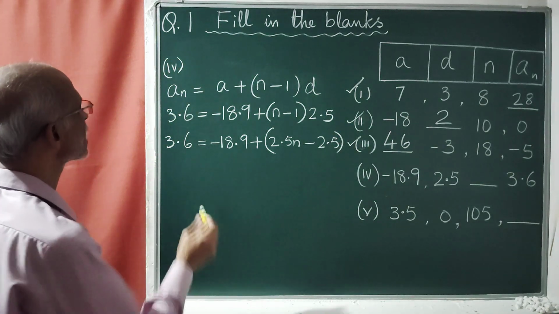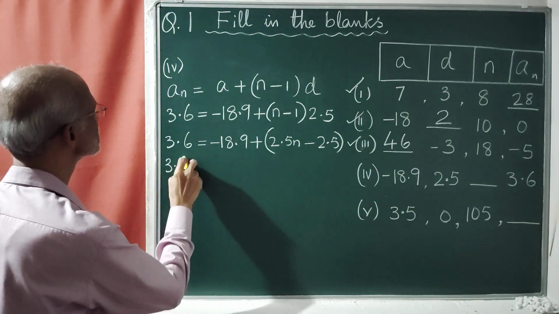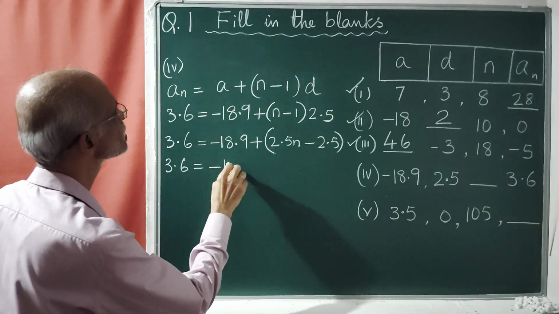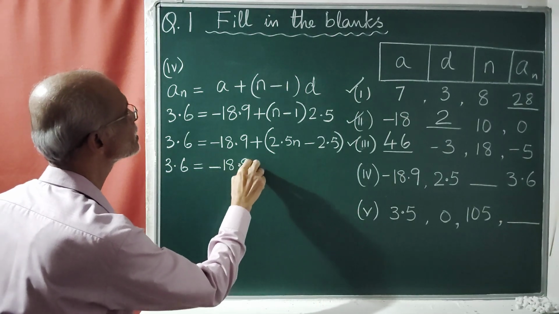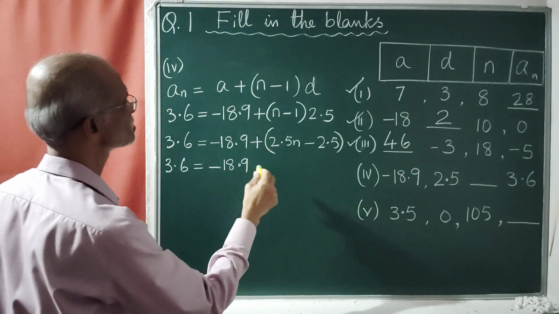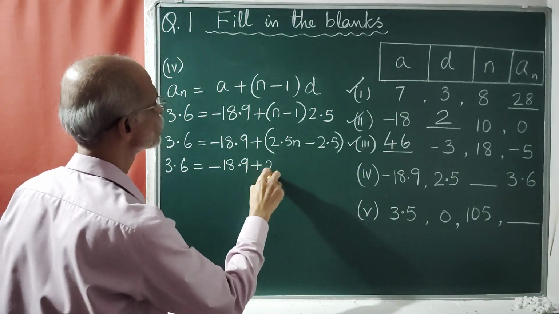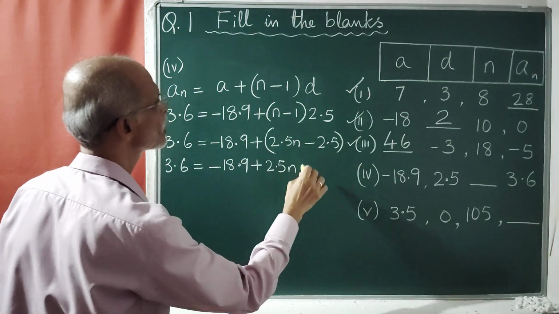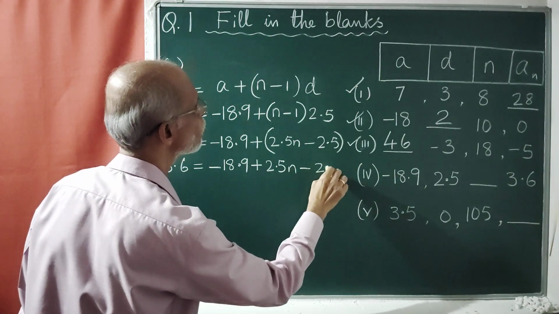Now I can open the bracket. 3.6 is equal to minus 18.9, plus into plus is plus, so plus 2.5N, plus into minus is minus, minus 2.5.